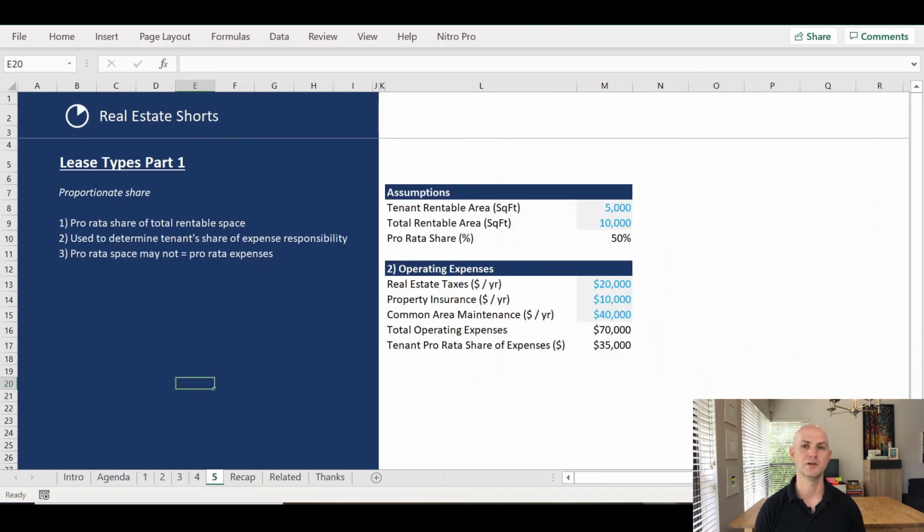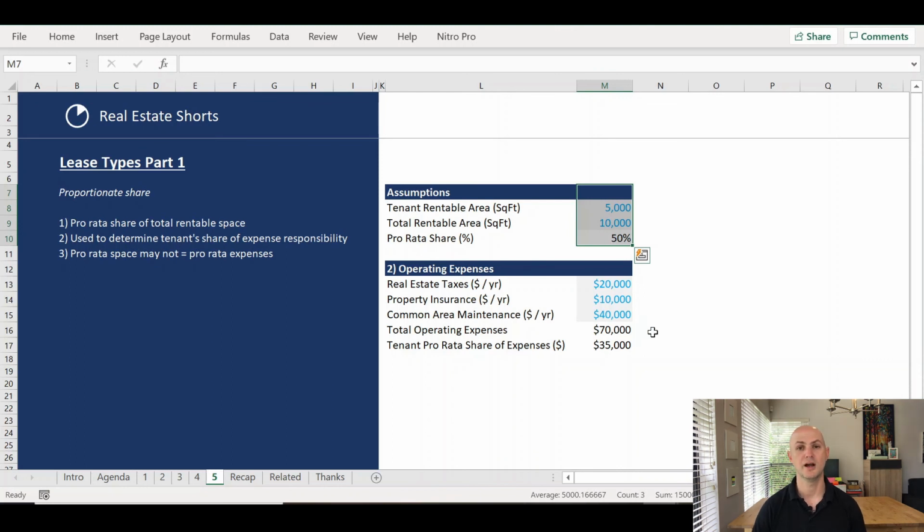So we'll begin to wrap up with an introduction to the concept of a proportionate share, pro rata share, or fair share. And so I think a really straightforward example is if this tenant occupies 5,000 square feet in a 10,000 square foot building, they occupy half, 50%.